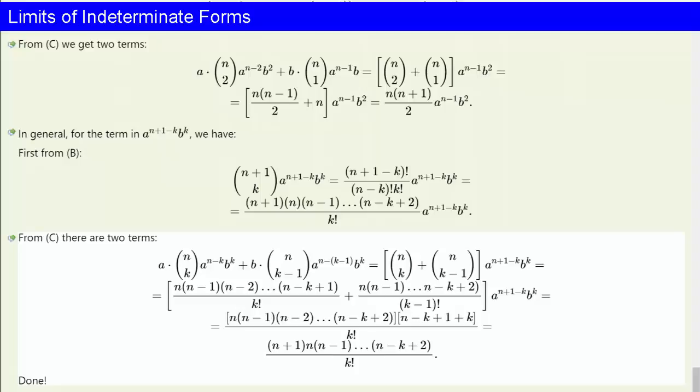And when you put that together, you get a sum of two binomial coefficients, (n choose k) and (n choose k-1), with the product a^(n+1-k) b^k factored out. You write out these two binomial coefficients, and they are a bit messy. You put them over a common denominator of k factorial, and you get exactly the expression that you got from formula B.